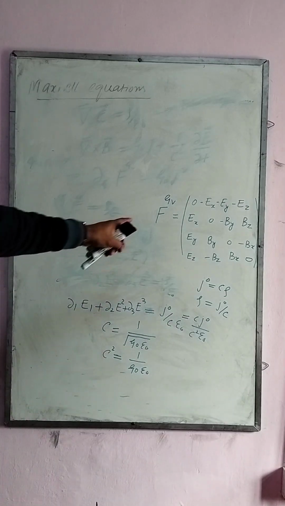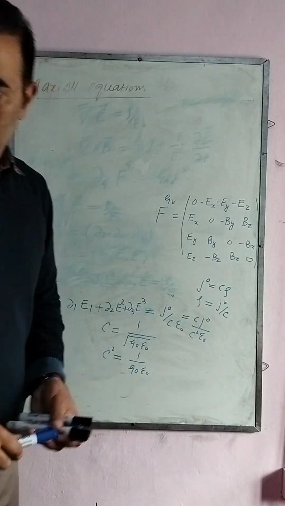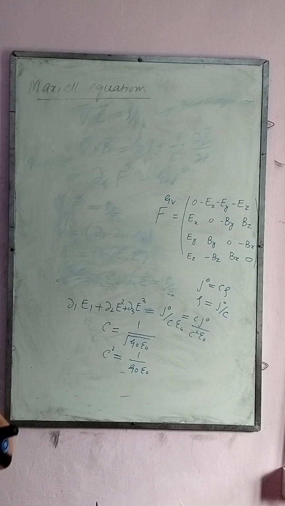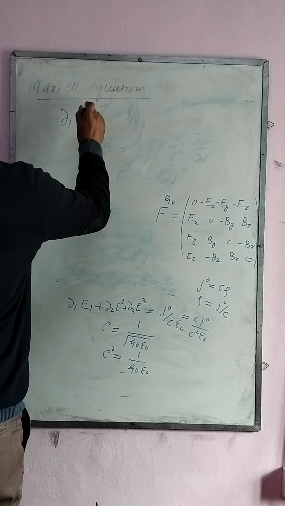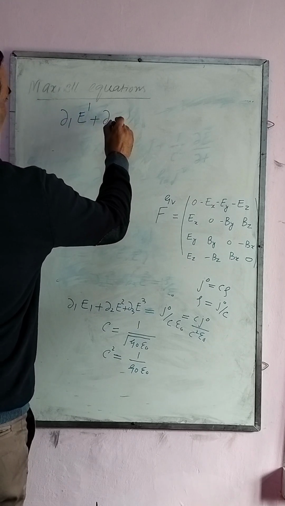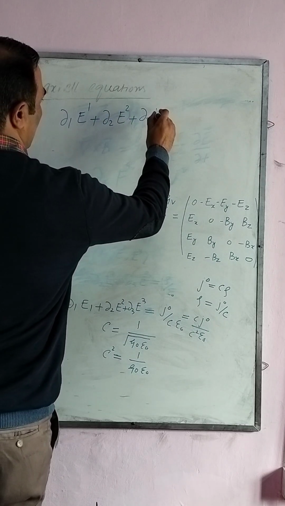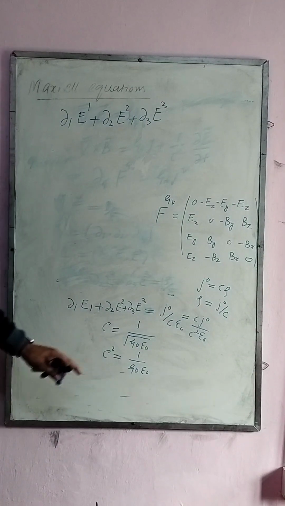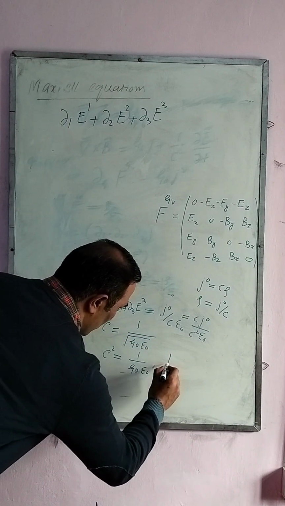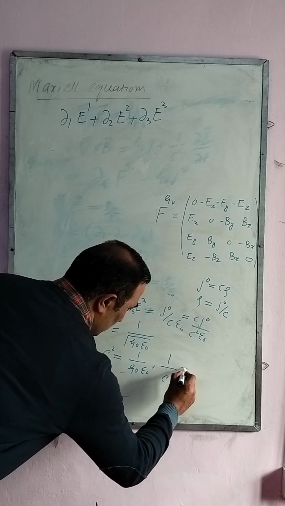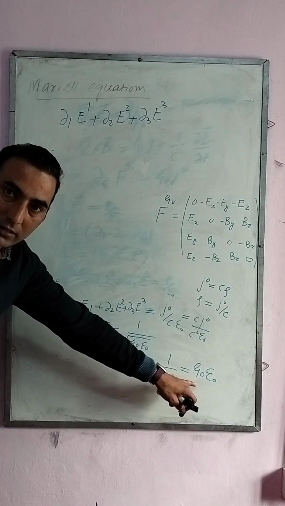Okay, so because I need this, I need to put it as it is. So I can write now, this will be equal to partial 1 E1 plus partial 2 E2, right? Now instead of 1 by C square, because from here you can write what's our 1 by C square? Because 1 by C square will be this one, right?